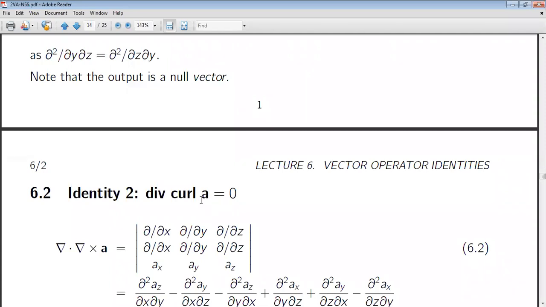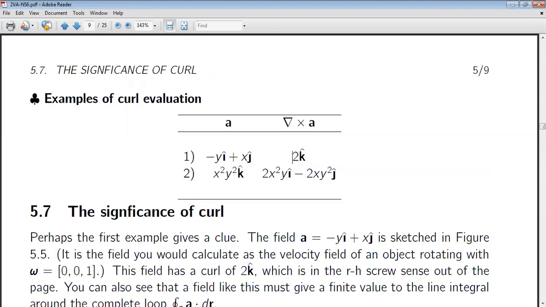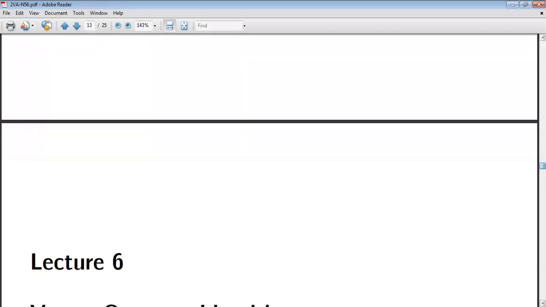Already I just told you a few minutes ago. A vector equals A suffix x i cap plus A suffix y j cap plus A suffix z k cap. These are the values of A vector. ये तुम लोग सेपरेट करके निकाल सकते हो. पहले curl of A vector निकालना. Whatever you get, take the divergence of that. If you can't, then I will do it in the next class.